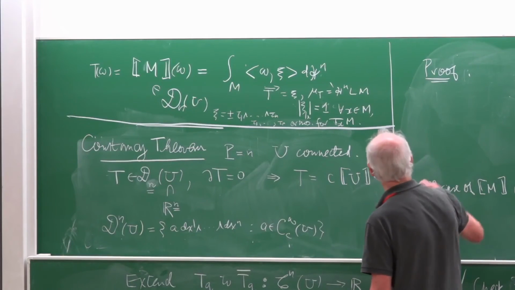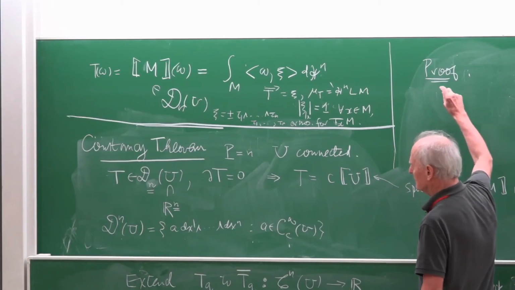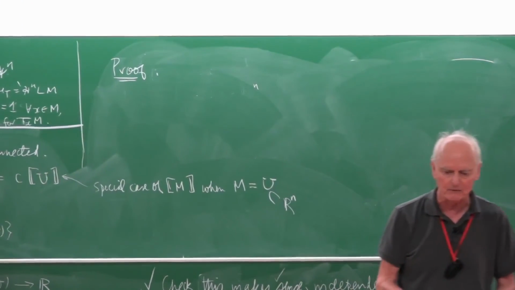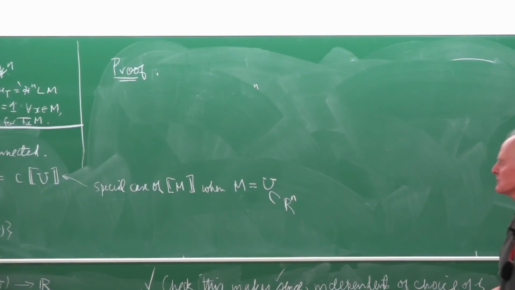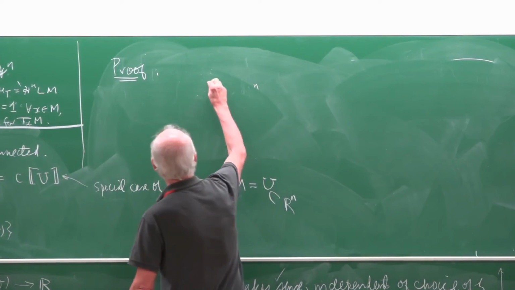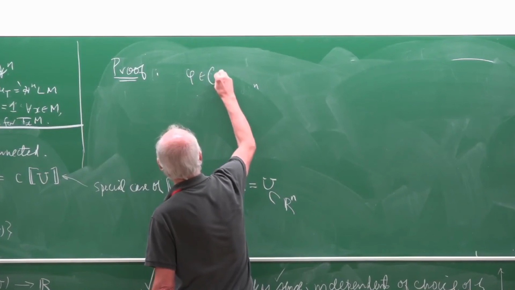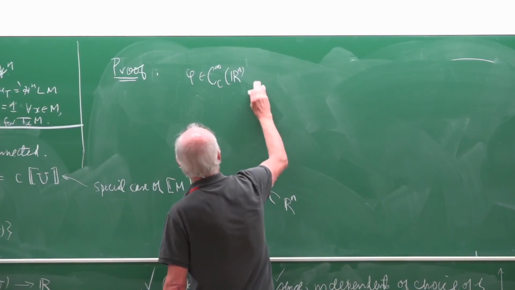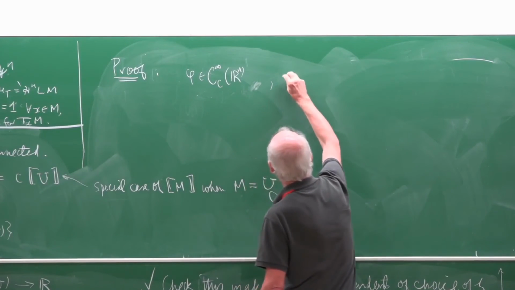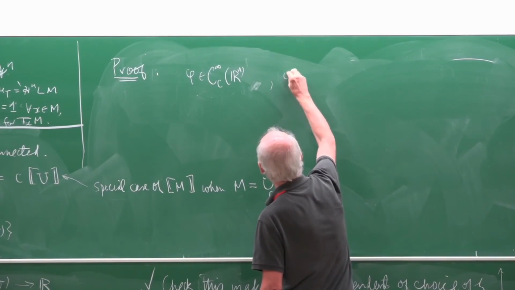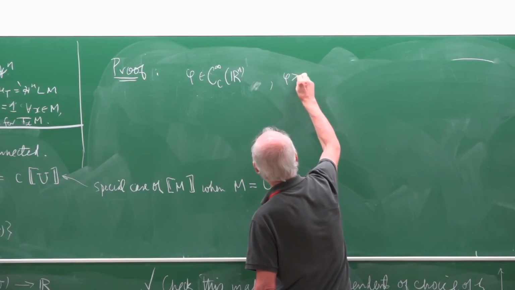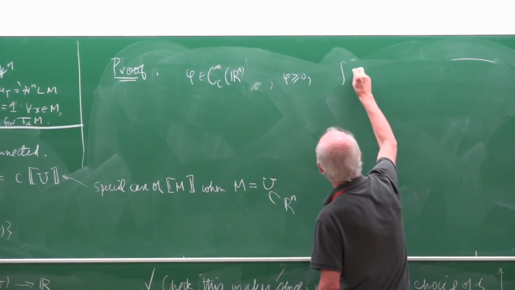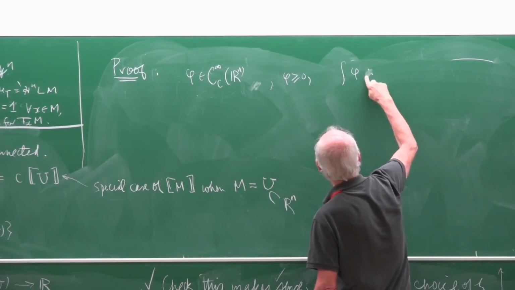So I'm going to have to use mollification here, so I've got to remind you how that works. Smoothing. You take a phi in C infinity with compact support in Rn, and you require that phi is non-negative, it's got compact support, and the integral of phi dx is equal to 1.